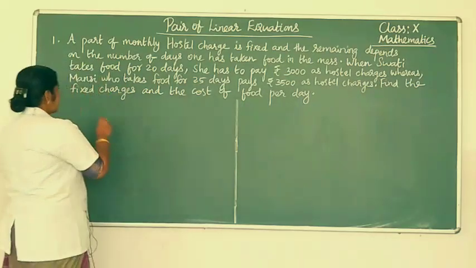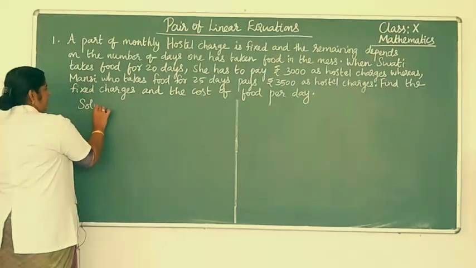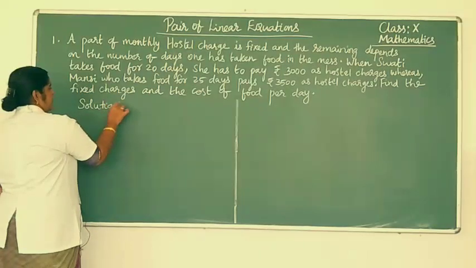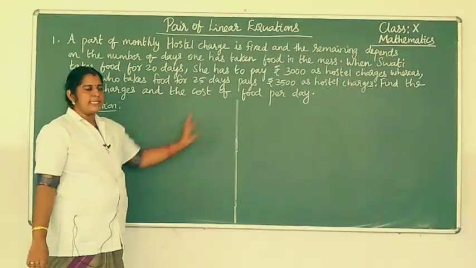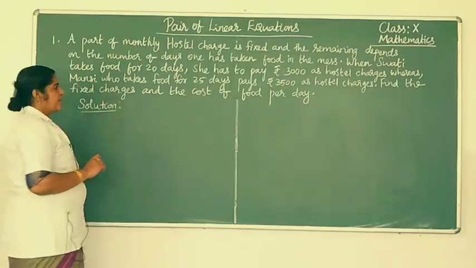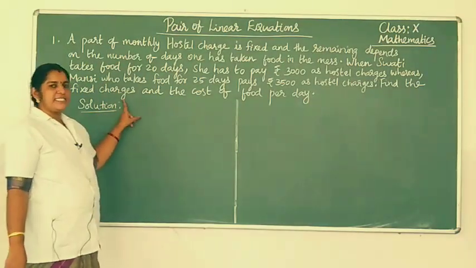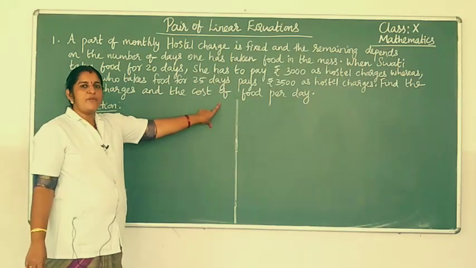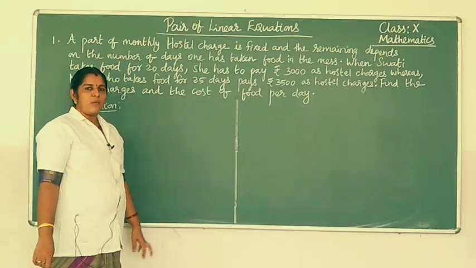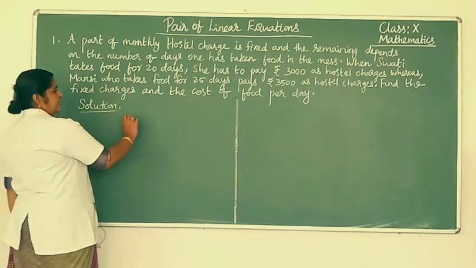Okay, so when you start the solution, you want to mention those two different quantities as variables x and y. We can take the fixed charges as variable x and the cost of food per day as variable y. So that is our first step.